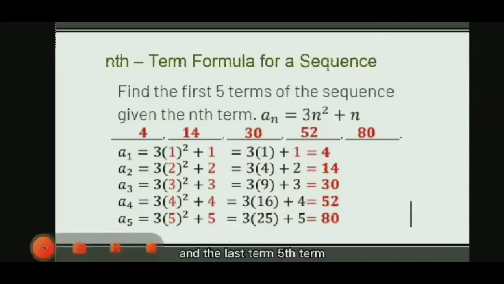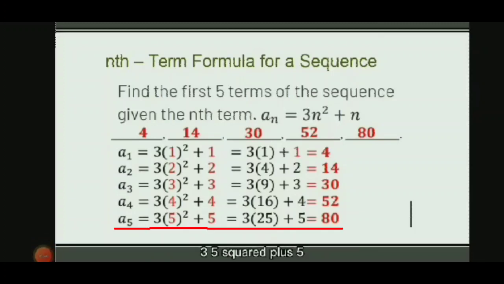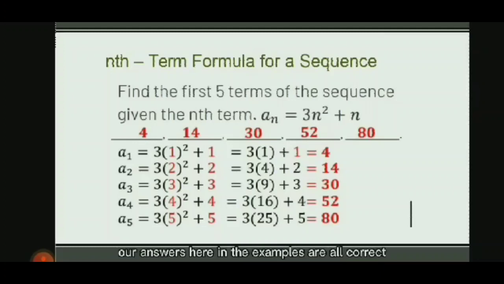And the last term, the fifth term, 3 times 5 squared plus 5. We will multiply the 5 by itself because it is squared. So 5 times 5 equals 25, times 3 will be 75, plus 5 equals 80. So our answers in this example are all correct.